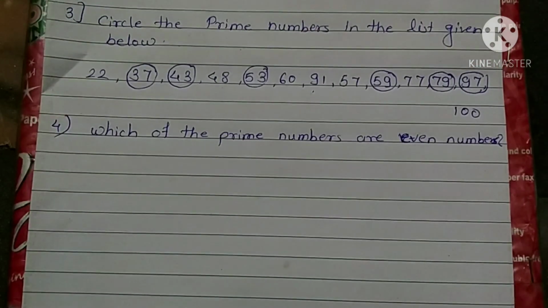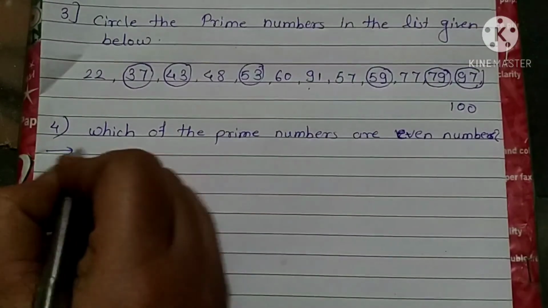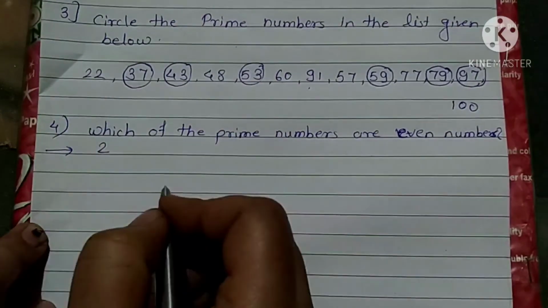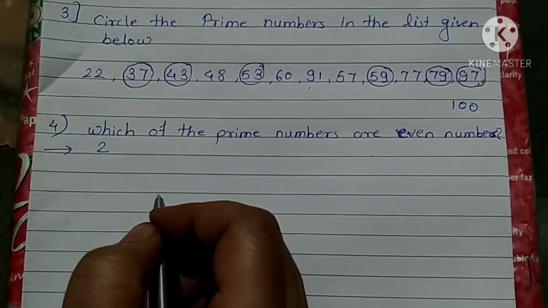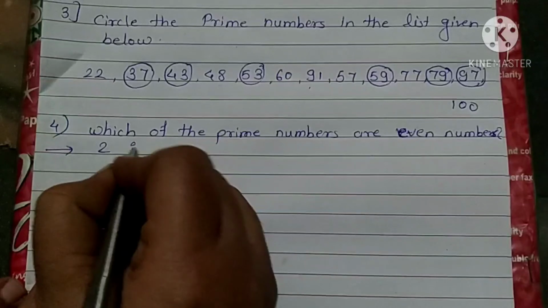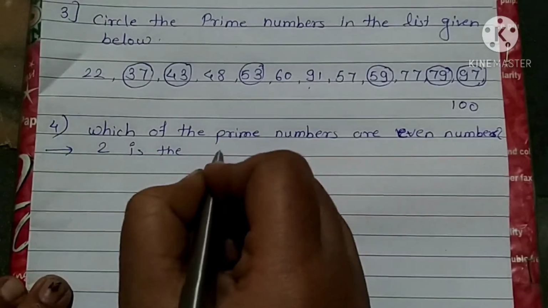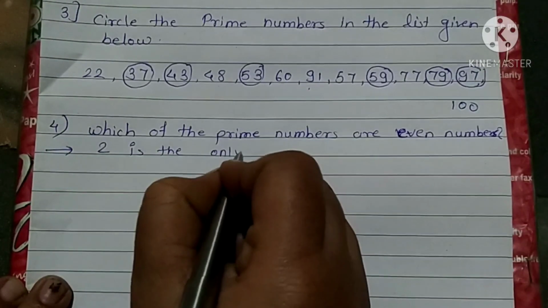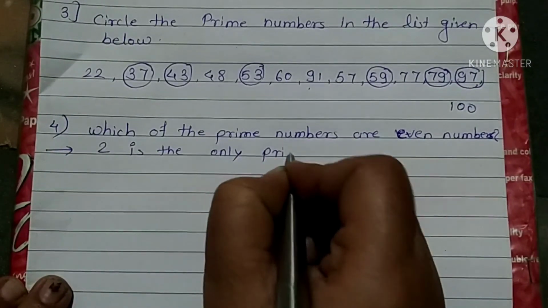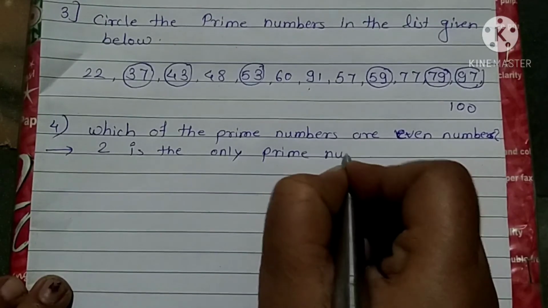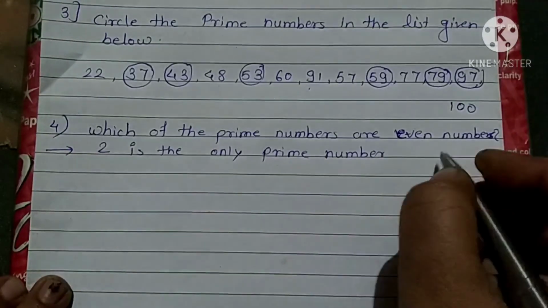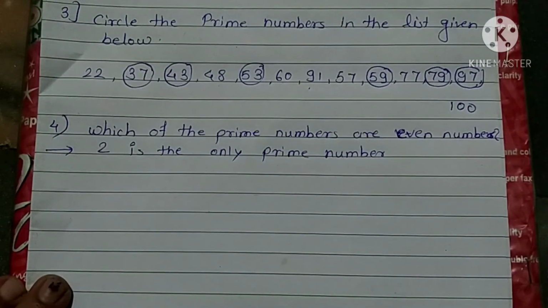Which is it? 2 is the number. 2 is the only prime number which is even.